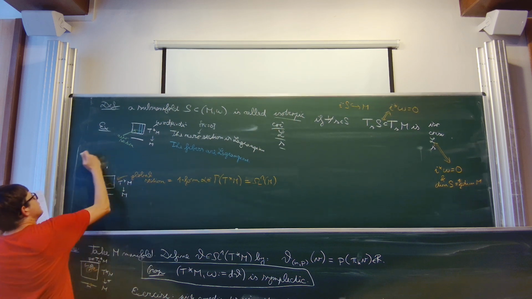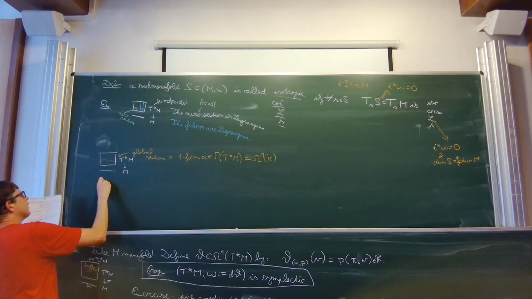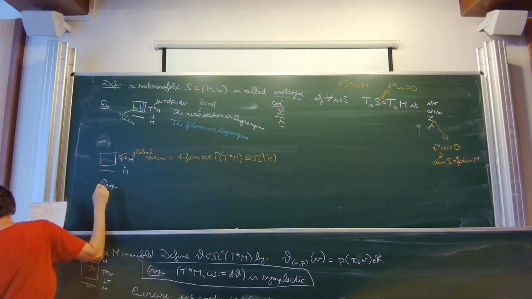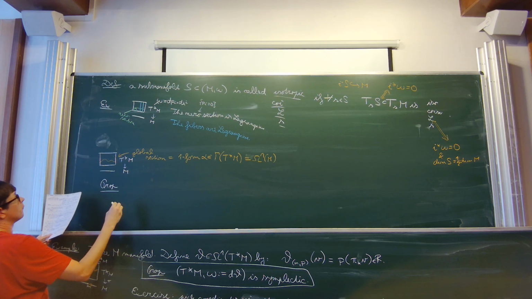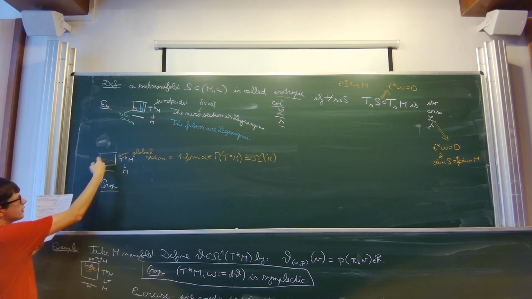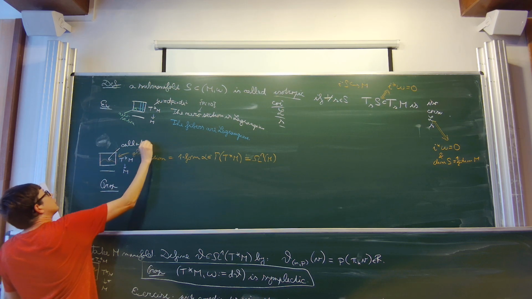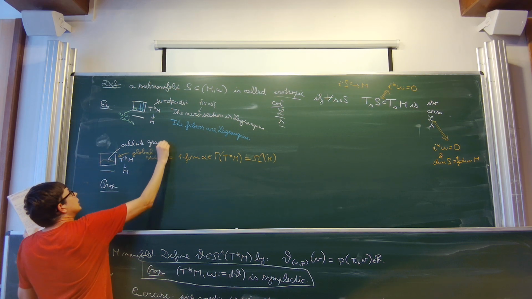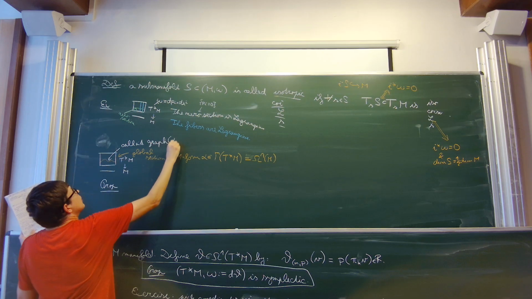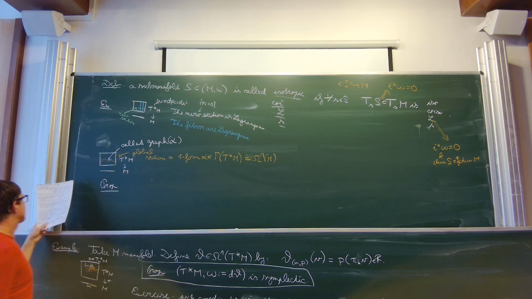Now the proposition says that this thing, let me call this subspace, the graph of alpha. Okay, that's a natural name for it.